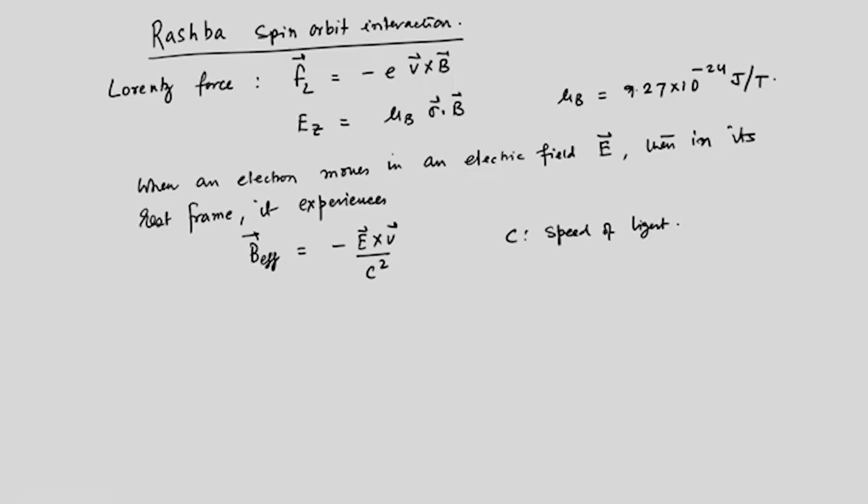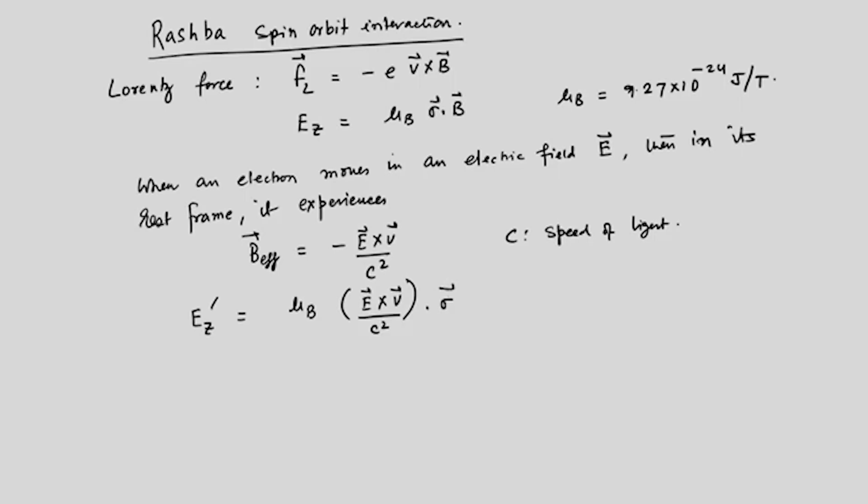That is the effective magnetic field that it experiences, and this gives you a net Zeeman energy, which is mu_B E cross v divided by c squared dot sigma. It is B dot sigma or sigma dot B, it does not matter.